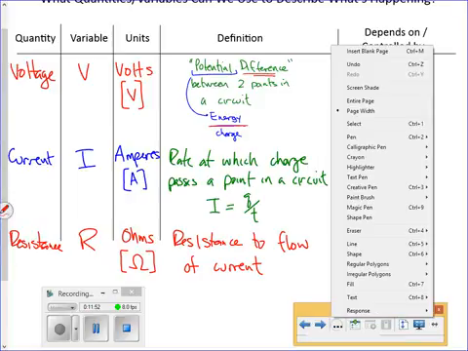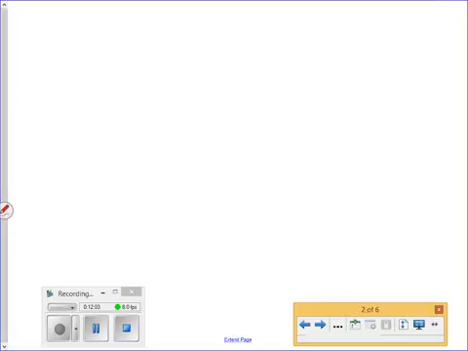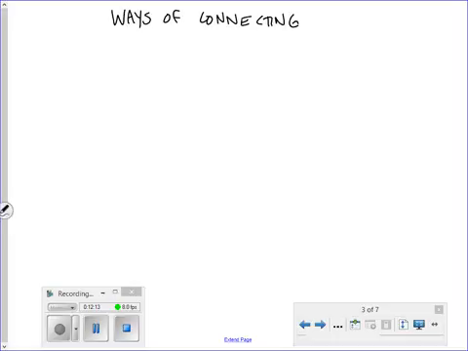Now, next, I need to talk about ways of connecting circuit elements. There are two primary ways. One is we say in series.